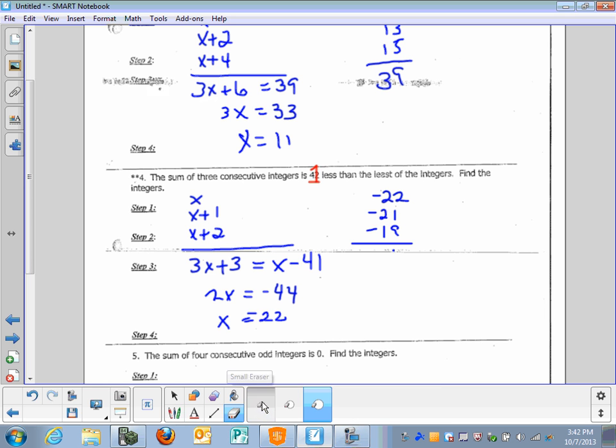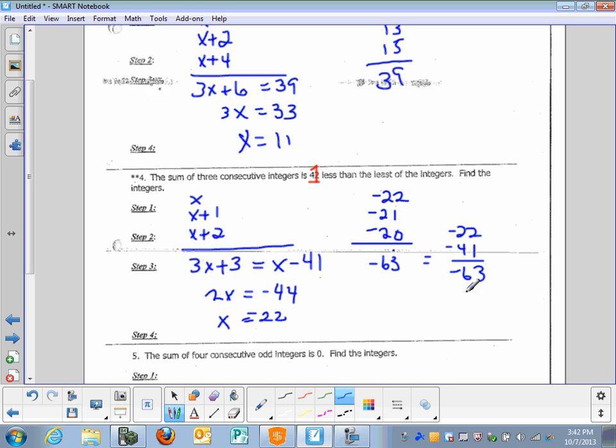Can't count. The sum is negative 63. Is that equal to the least of the integers, negative 22 minus 41? And it is. So those are the integers: negative 22, negative 21, and negative 20.